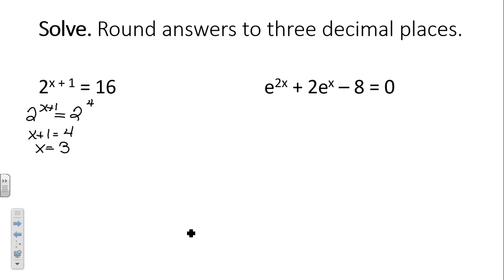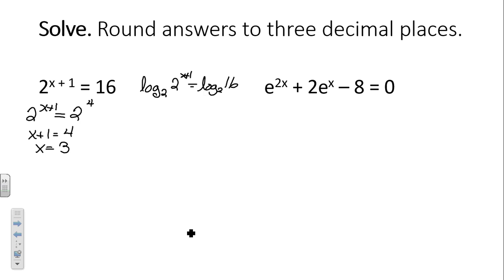And if we have a 2 to some power, then we could take the log base 2 of 2 to the x plus 1 and set that equal to the log base 2 of 16. And this becomes x plus 1, and 2 to what power gets me 16? 4. So we end up with the same result. Okay? Inverses of exponentials are logs, and inverses of logs are exponentials. Okay? All right, next one.